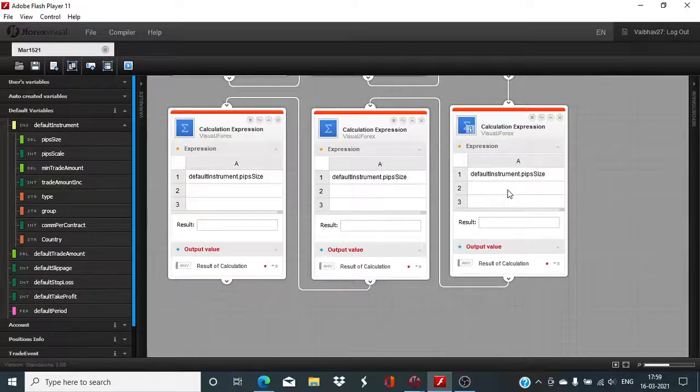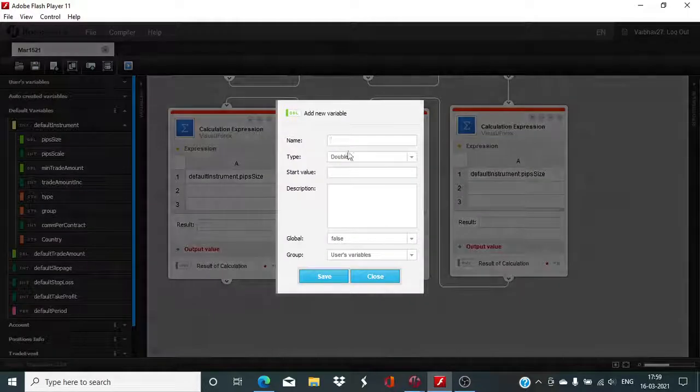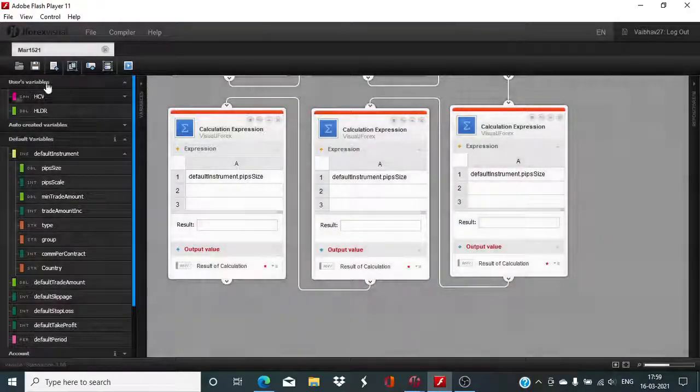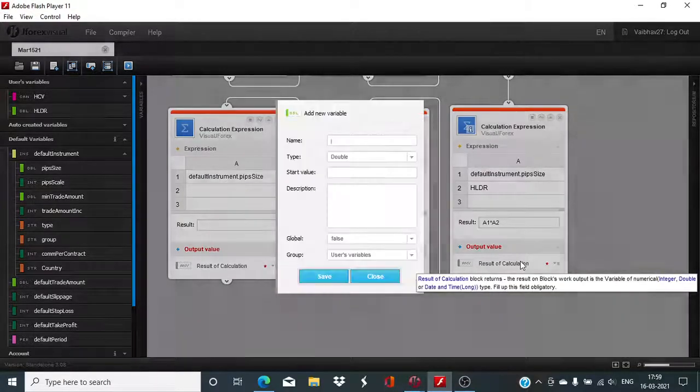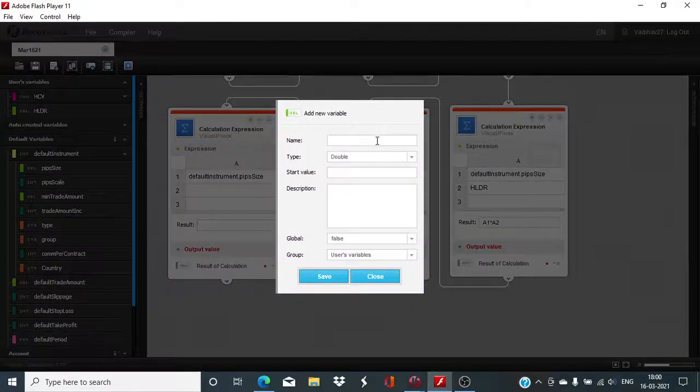Where we need 20 pips, we will create a new variable with value of 20. So this will be high low difference requirement 20. Okay, and to get 20 pips we have to do a1 into a2. Minimum high low difference.